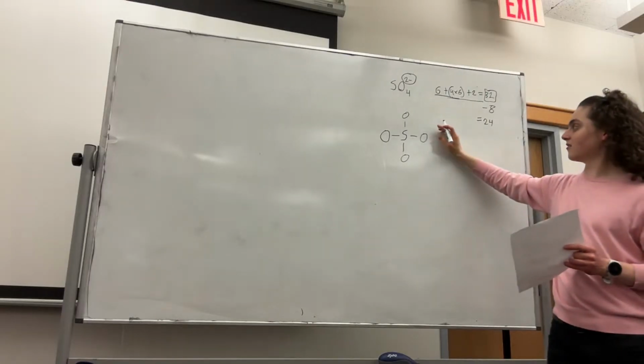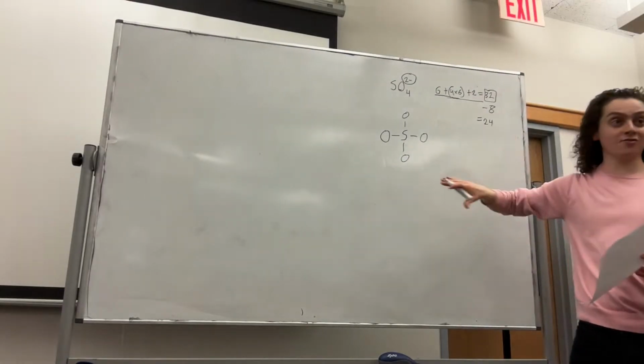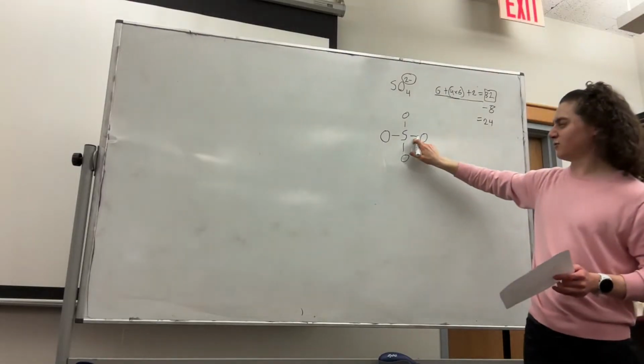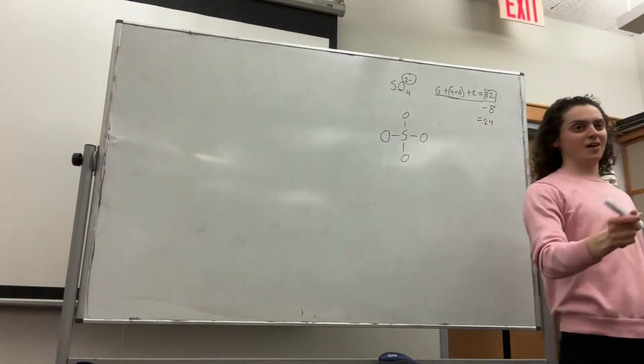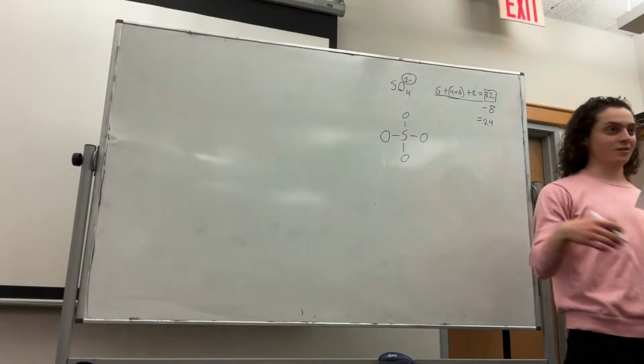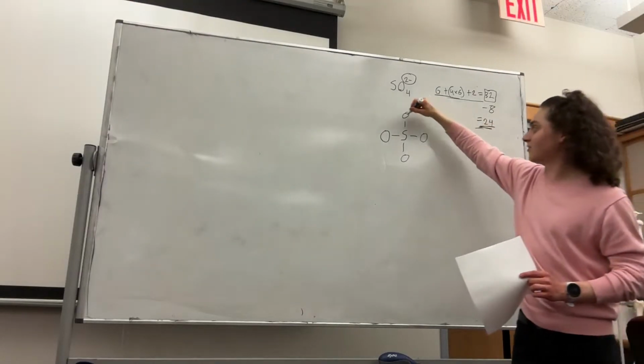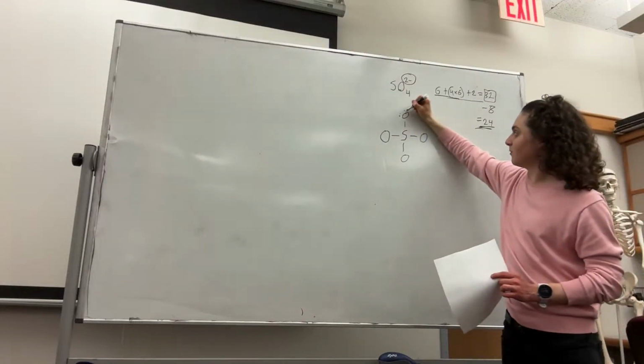And then we need to populate the rest of this Lewis structure with 24 extra electrons. So you subtract 2 for every bond. Electrons come in pairs, 2 for every bond. Subtract that from the total. Dump 24 electrons now onto the structure. So I'm going to put them in pairs.